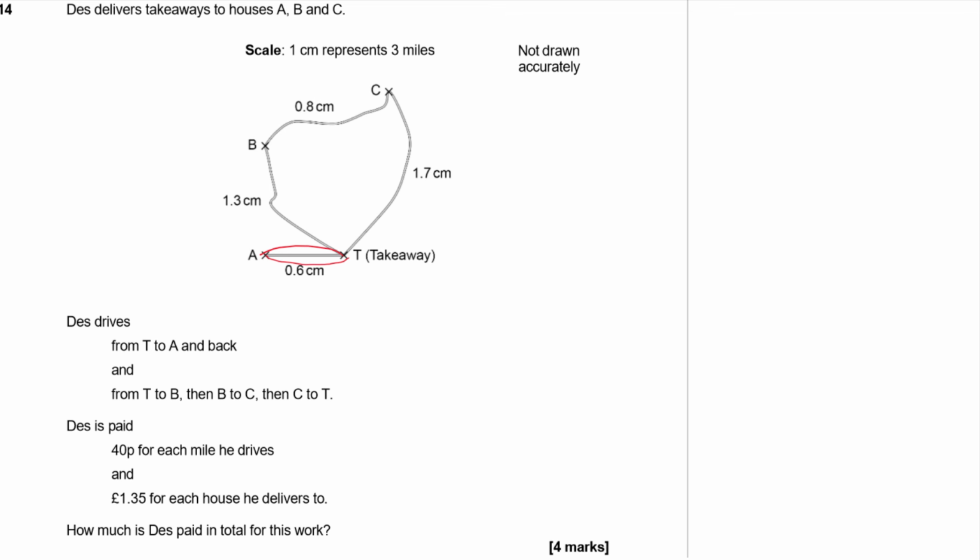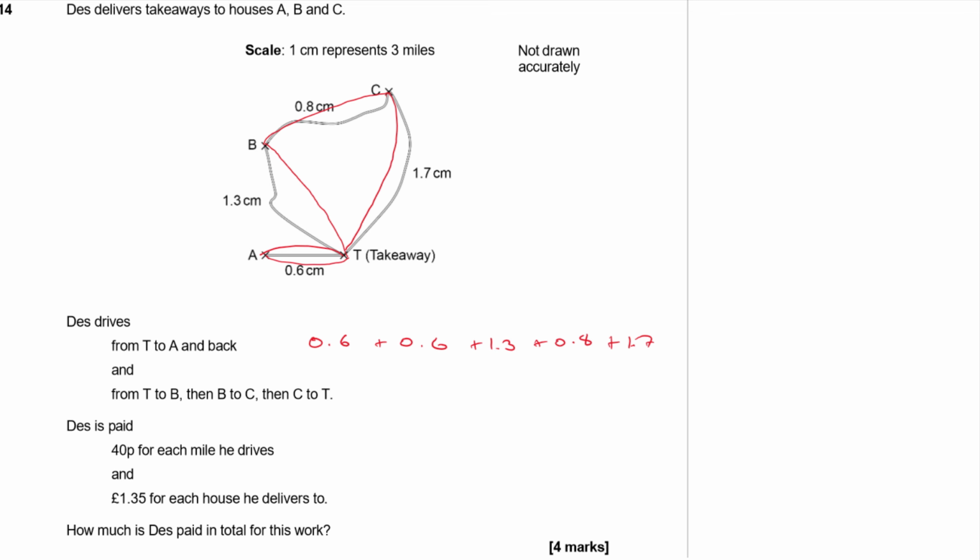So that's 0.6 plus 0.6 for that part, and then he goes from T to B, which is 1.3. From B to C, which is 0.8. And then from C to T, so he's coming back round here, which we're told is 1.7. I haven't really bothered following the lines, but you get the idea.